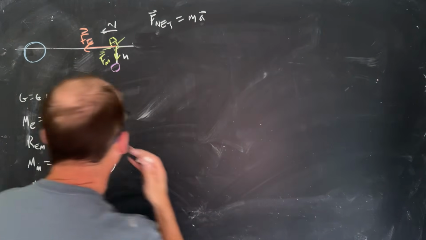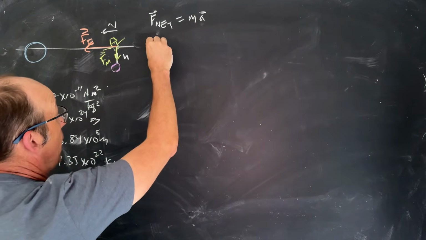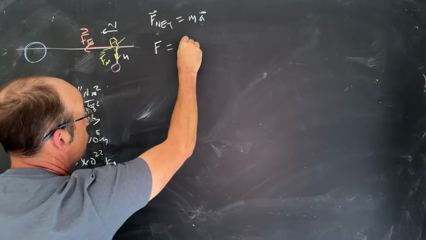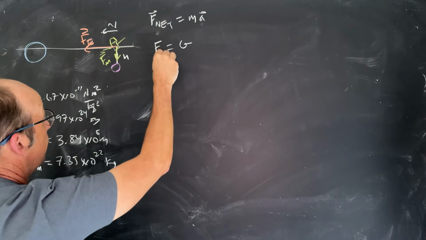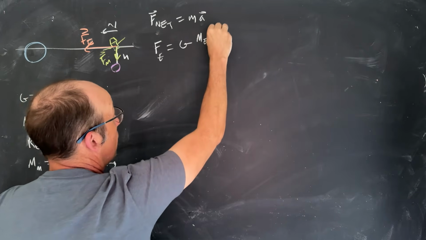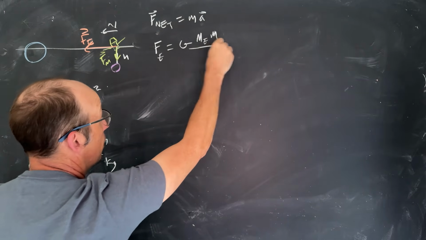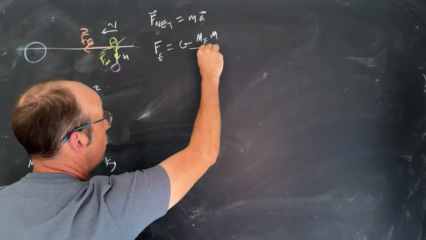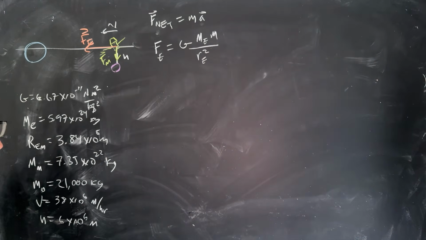Okay, so remember that we can calculate the magnitude of the gravitational force as G. I'm going to call this actually the Earth. This is Fe. It's going to be G times the mass of the Earth times the mass of Orion divided by the distance between the Earth and the spacecraft squared.